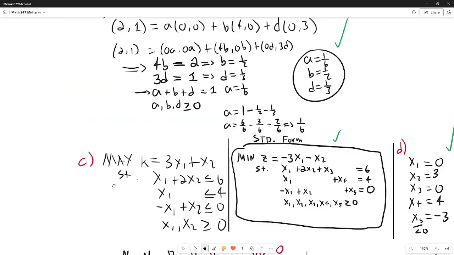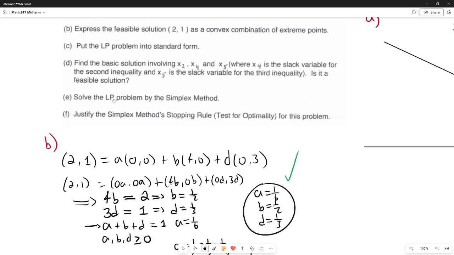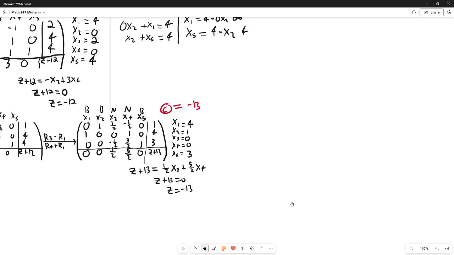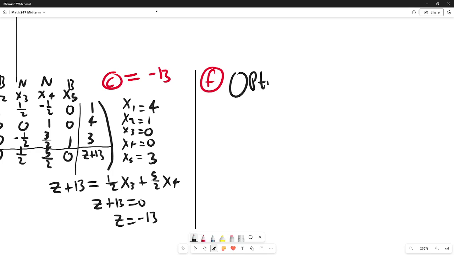Let me double check. Yeah, justify the simplex method's stopping rule, test for optimality for this problem. So we already have solved the LP problem by the simplex method, so now we're going to do part F. All right, this is F, and this is the optimal solution.